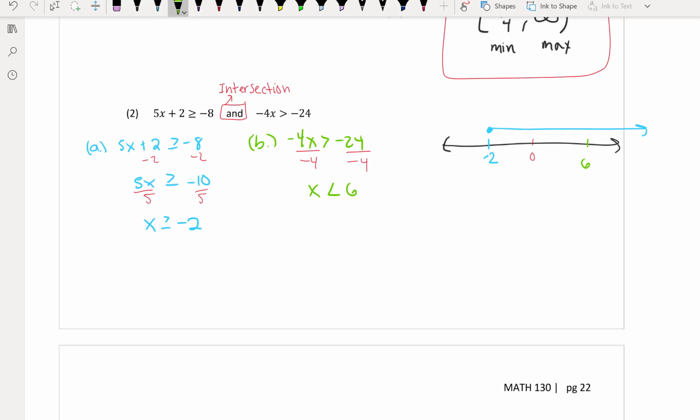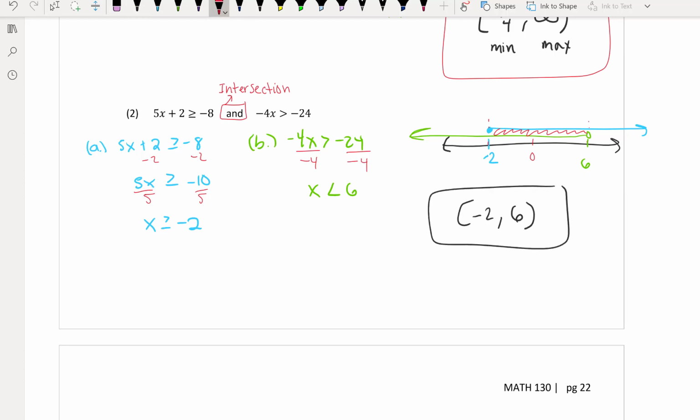For x less than 6, I have an open circle, and it's going this way. Where do the blue and the green overlap? They overlap here in this section. So my answer, going from smallest to largest, is at negative 2 bracket, positive 6 parentheses.